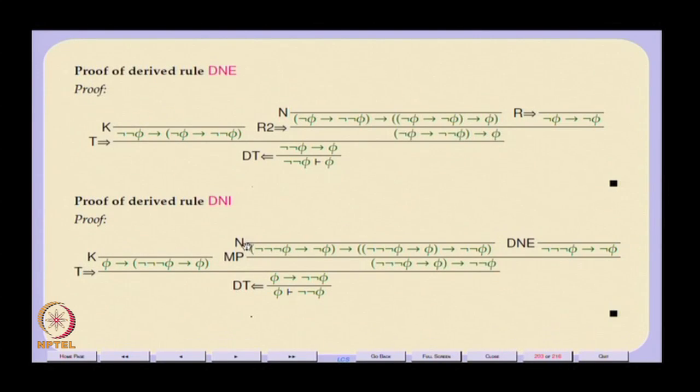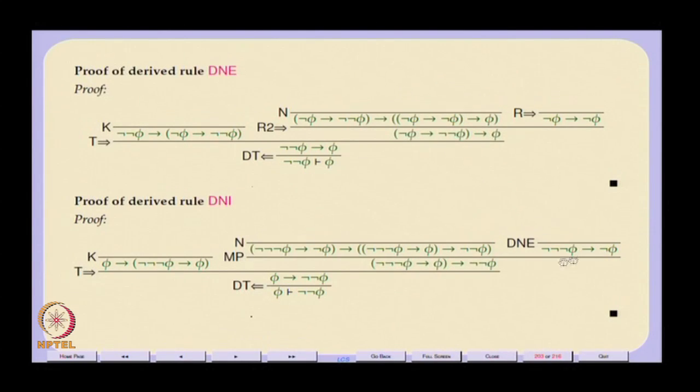Okay, so here is the first application of the n rule with y being not phi, x being phi. So you do that substitution and you get this, and this double negation elimination can already be taken as a rule in which I can take triple negation phi arrow single negation phi.